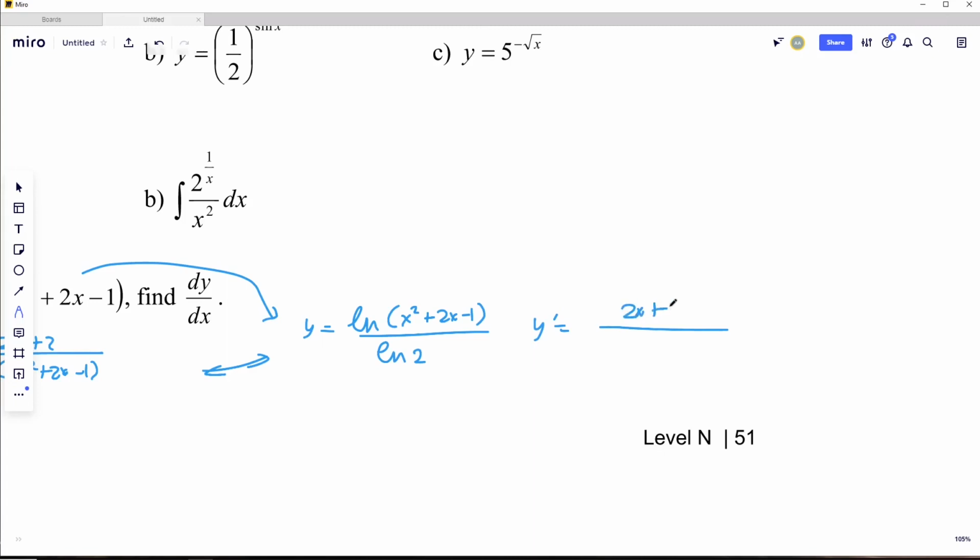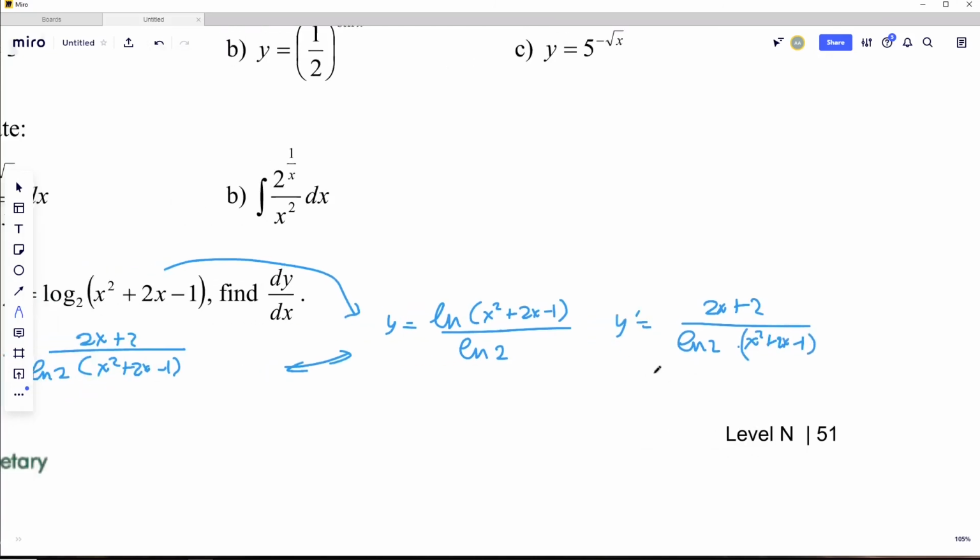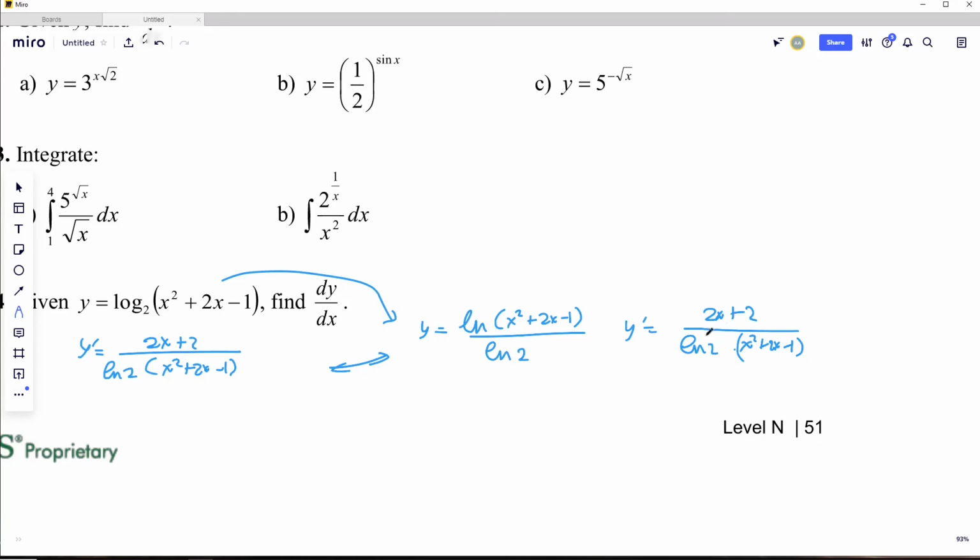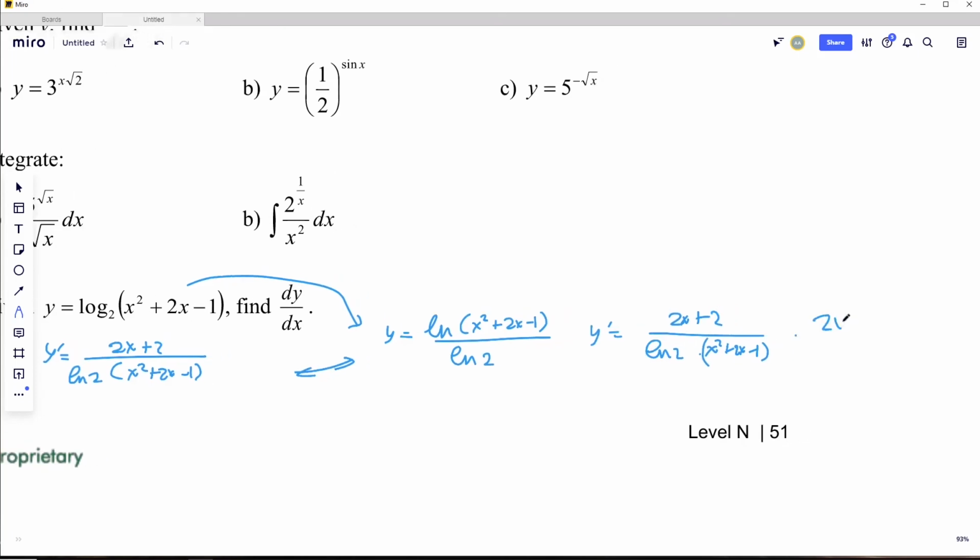Let me do this quickly. 2x plus 2, ln again, as we said, down, and again it's going to be 1 over, and this is going to be the derivative up, and so yeah, you're going to end up with the same thing, x squared plus 2x minus 1. I just didn't want to write it in that form because it's copy paste, but I'd have actually wanted to write separate to show you that it's the same thing, like this separate. Anyways, it's the same thing, so ignore that.